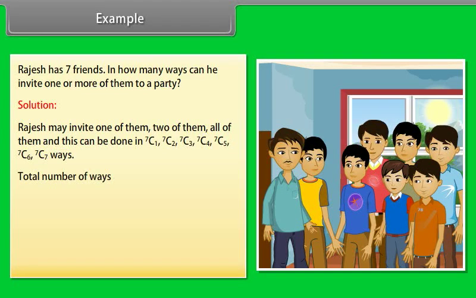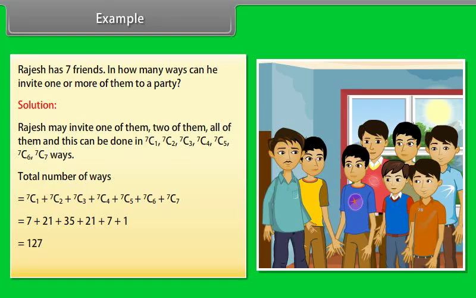Total number of ways is equal to 7C1 plus 7C2 plus 7C3 plus 7C4 plus 7C5 plus 7C6 plus 7C7, which is equal to 7 plus 21 plus 35 plus 35 plus 21 plus 7 plus 1, which is equal to 127.